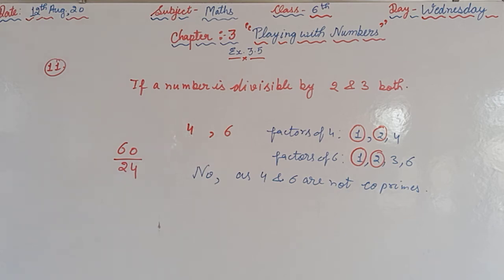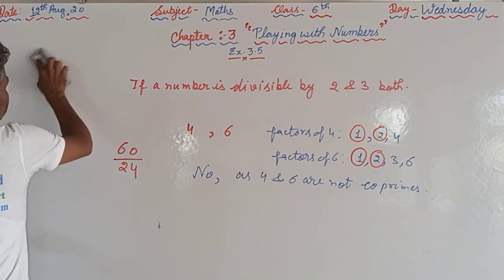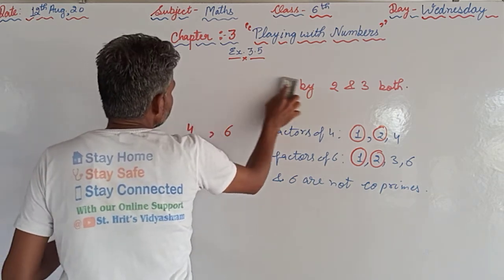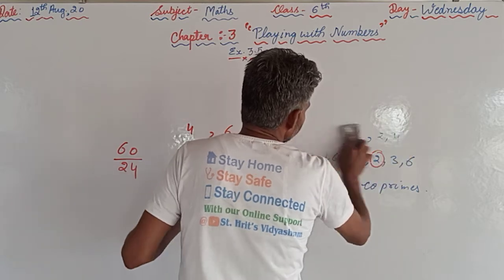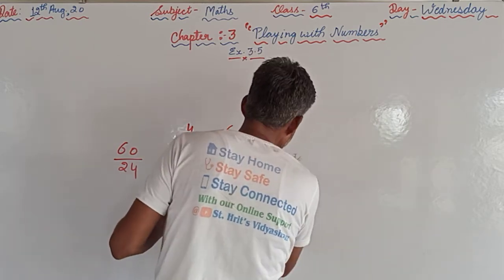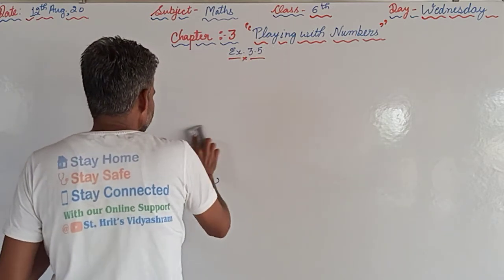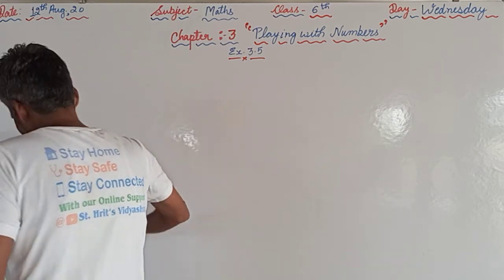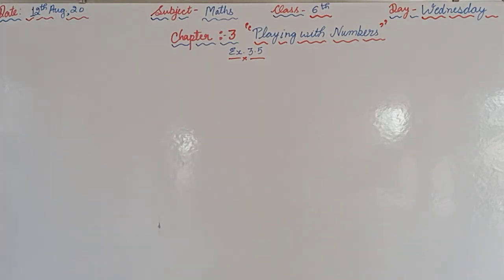Now we will proceed further towards question number 12. I am the smallest number having 4 different prime factors. Can you find the smallest number with 4 different prime factors? We have to find the smallest number, so we will consider the smallest prime numbers.